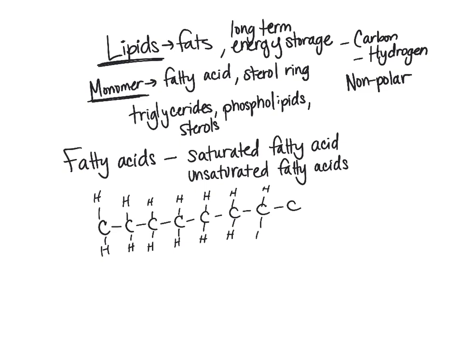So we have a carbon-hydrogen chain is what we're looking at for our fatty acid. So our fatty acid chain then here is this here. So we have a chain of carbons all with lots of hydrogens on them. So the difference between our saturated and our unsaturated fatty acids is actually the amount of hydrogens that we have on our chain of carbons.